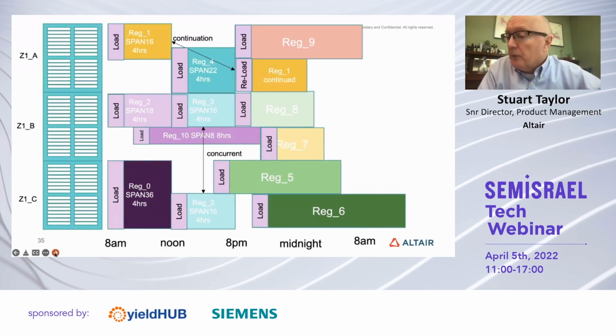So here's how those multiple SA regressions might appear across 3 separate Z1 emulators. We can continue a regression, as in the case in the orange box for Reg 1. We can see that Reg 1 was started, ran for 4 hours, and then was essentially interrupted by Reg 4, which ran for 4 hours. And then we're able to reload the design and continue on with regression 1.